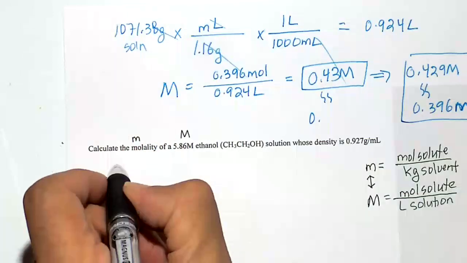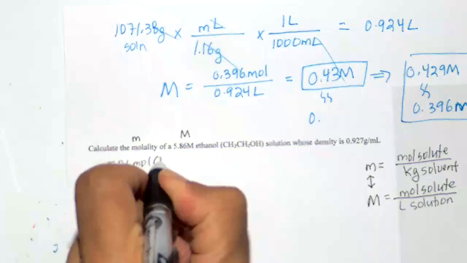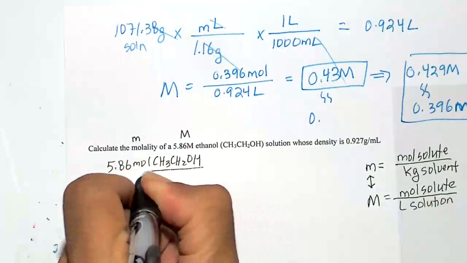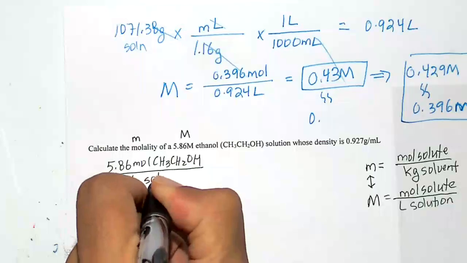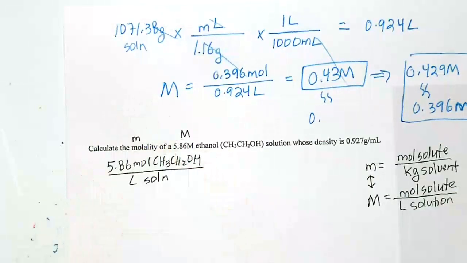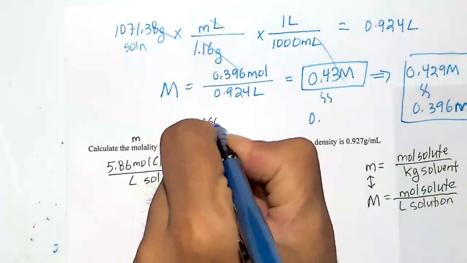Okay, 5.86 molar is nothing more than 5.86 moles of ethanol over liters of solution. Okay, we can assume that our solvent is going to be water.